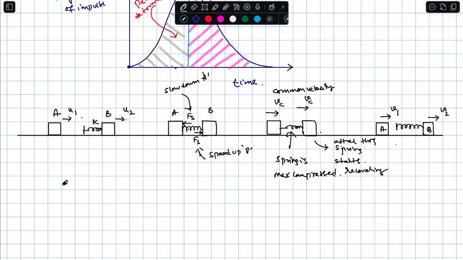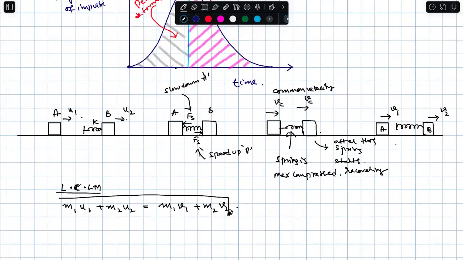Remember, in the entire process, the law of conservation of linear momentum is applicable because there is no external force. So therefore, M1 U1 plus M2 U2 is M1 V1 plus M2 V2. This you can apply.